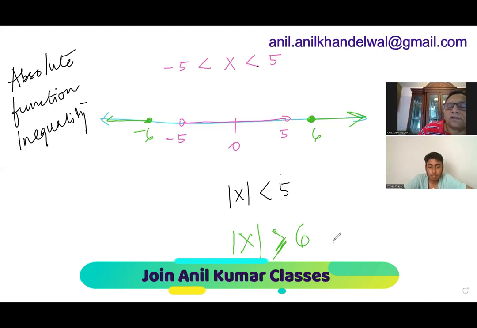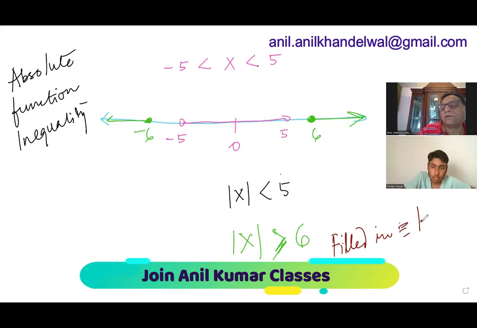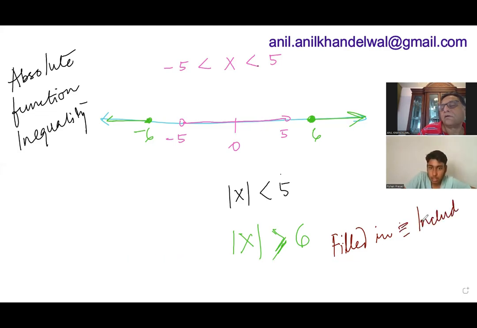Since we have filled in circles, it means you have to include. And if it's holes, or open circles, then you do not include them. Is that clear to you now? Yes, sir. So this part is absolutely clear.